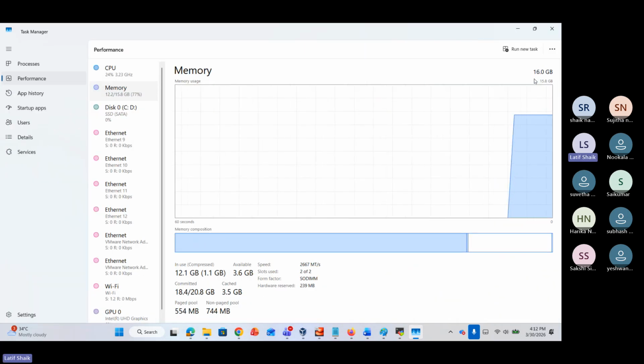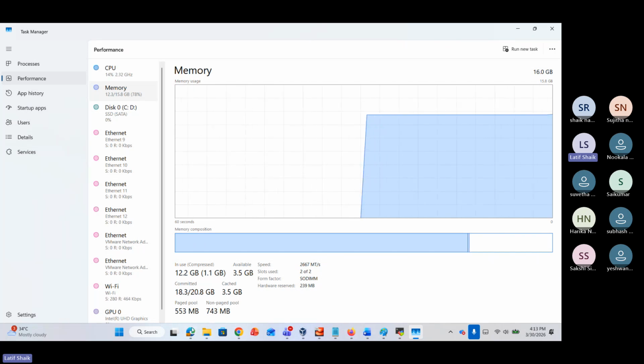What is my total RAM? It is 16 GB RAM. 2 of 2 means my system has 2 RAM slots, and both are full. It means 8 plus 8 GB RAM, totally 16 GB RAM. Out of 16 GB RAM, the available RAM is only 3.6 GB because I opened a lot of other applications.